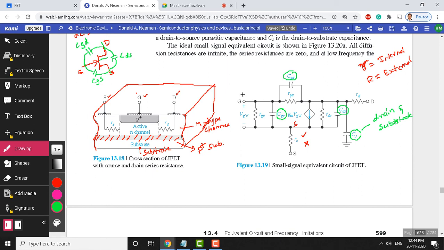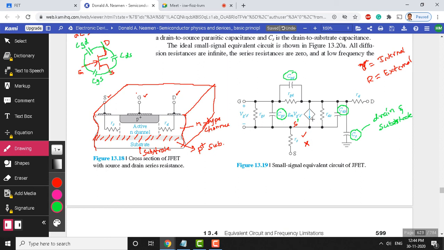Apart from that you see the voltage source VG'S'. It is an internal voltage source between gate and source. This is called S dash, because this is not the actual source. The actual source is here, so that's why it is VG' and S'. This is the internal AC supply.